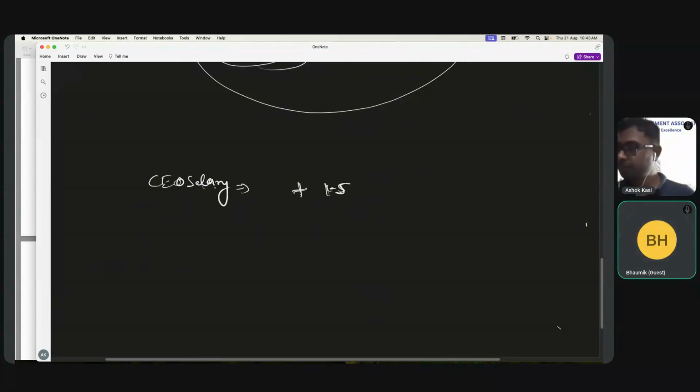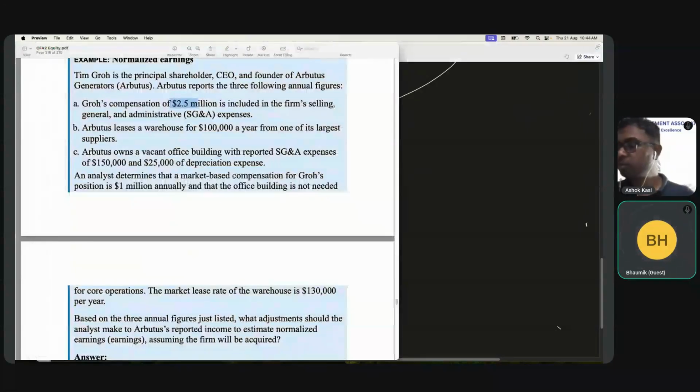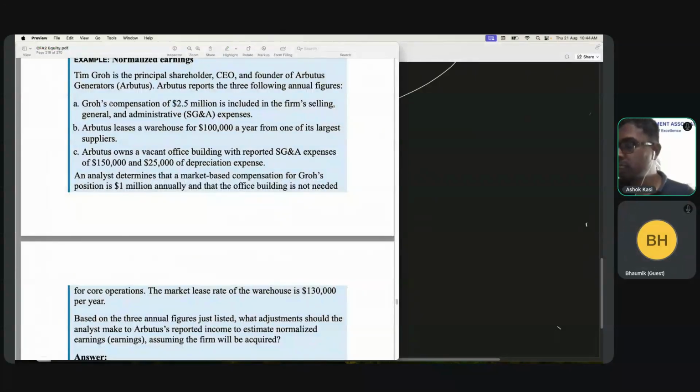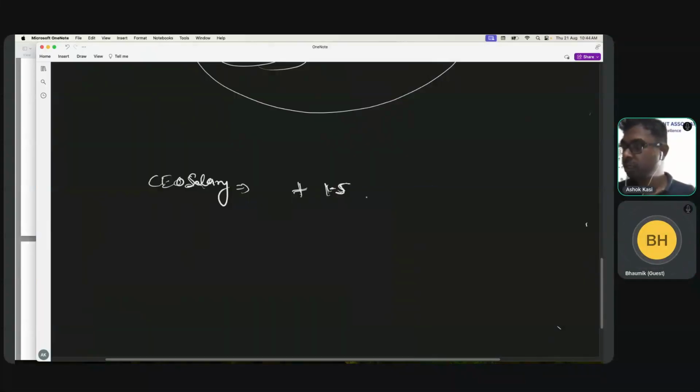If I acquire this business, I have to pay 1.5 more? No, you have to pay 1.5 less. That's why your income will go up. The company is drawing a salary of 2.5 million, but once you acquire it, the market salary should be only 1 million. So you will pay 1 million, which means you will save 1.5, and your income will go up.